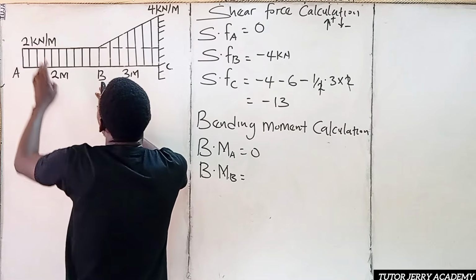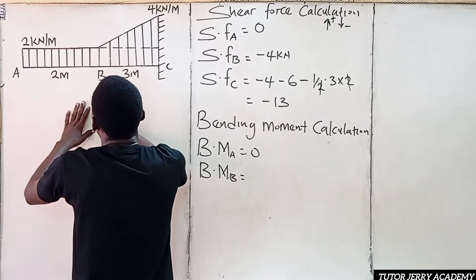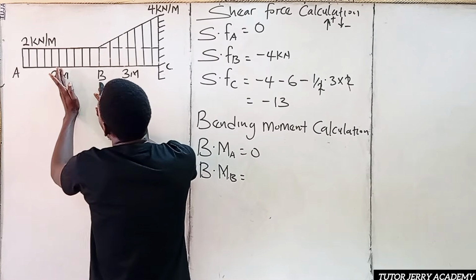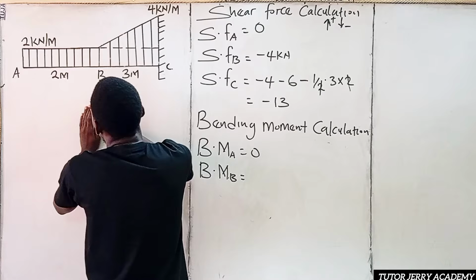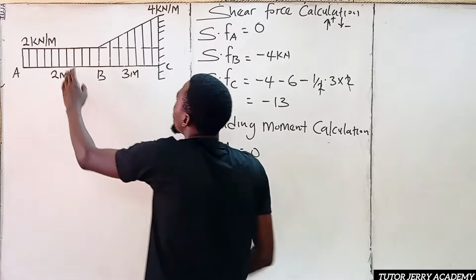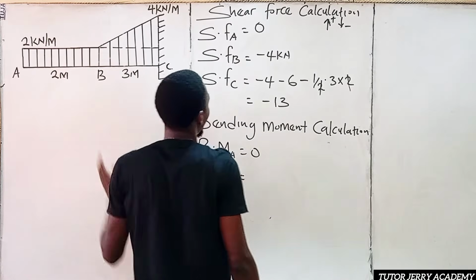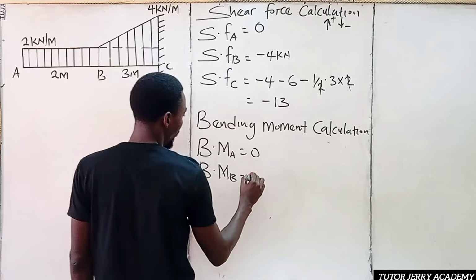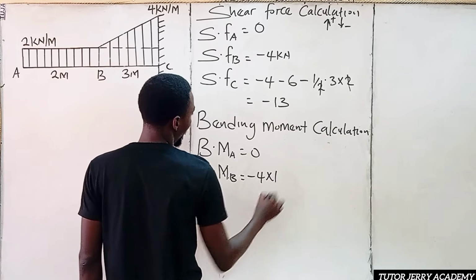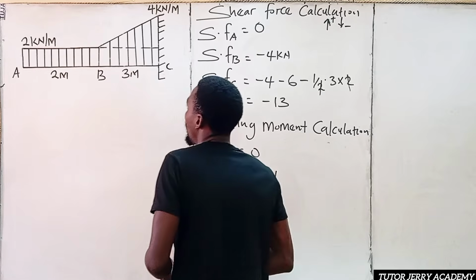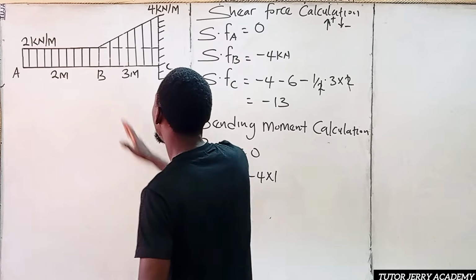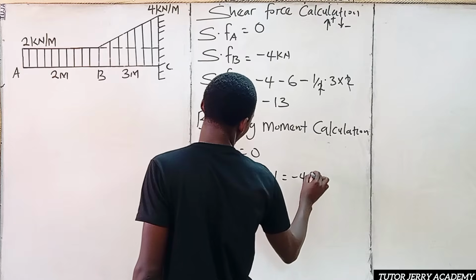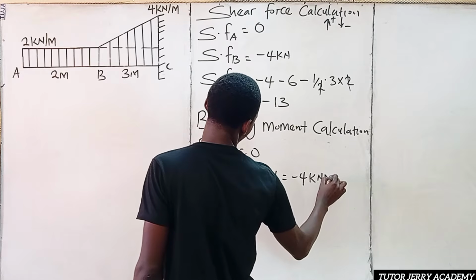If you convert that to a point load, it's going to be 4, acting at 1 meter from the point. So if you take your moment, it's going to be -4 multiplied by 1. That is the moment we have there, which is -4 kilonewton meter.